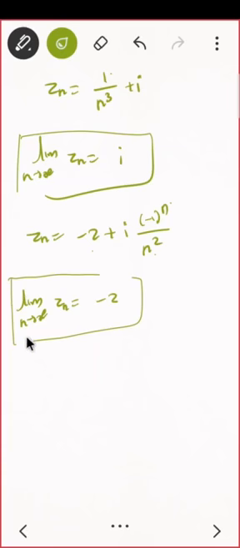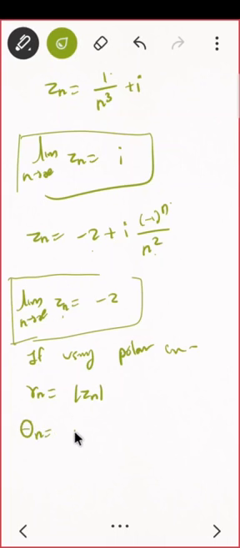Okay, just one exercise for you. You got to know that Zn goes to minus 2. Can you see what happens if you are using polar coordinates? That means you have to first calculate Rn. So Rn will be mod of Zn. And what is theta n? Theta n will be the argument.